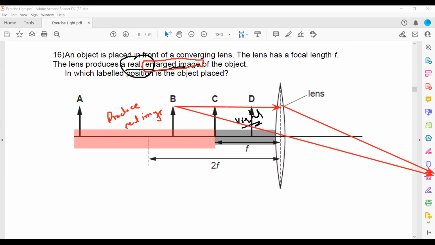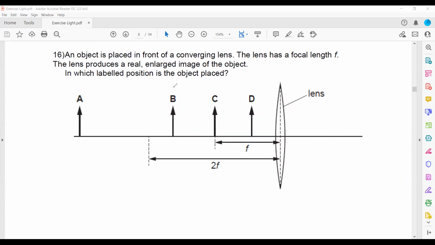So this will result in the formation of an enlarged image. So B is the right answer for this question.